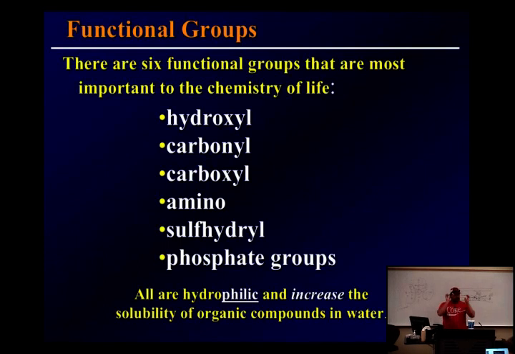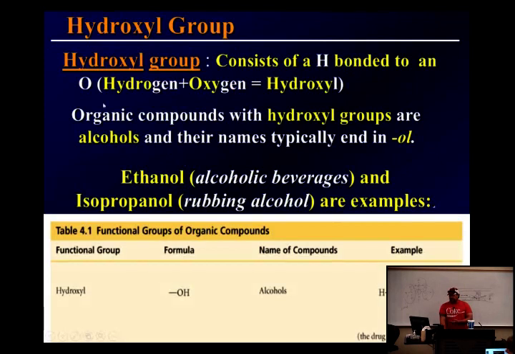Okay, so the functional groups you're just going to have to memorize. There are 6 of them that are biologically important, but believe me, there are lots more. Well, there are actually 7, but I assume you already know the methane group, or the methyl group, which is CH3. So the hydroxyl group is simply an OH, and here's a good example.